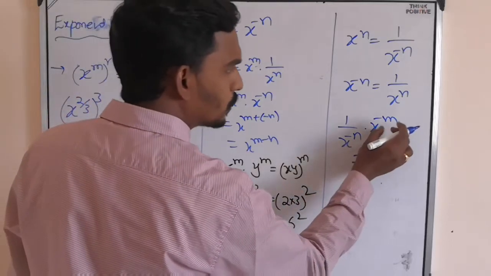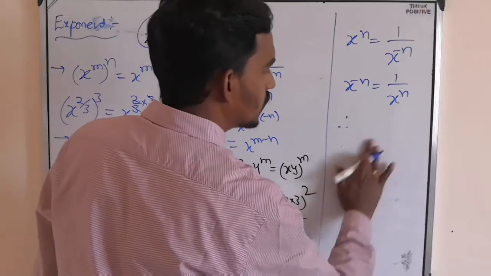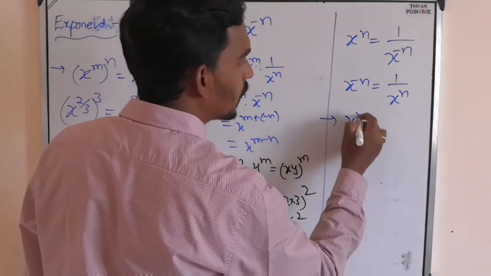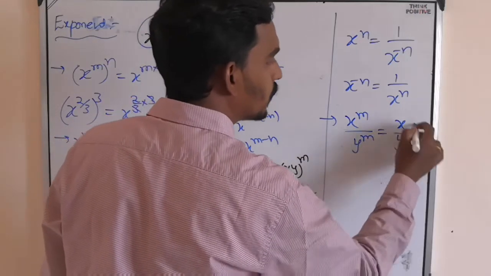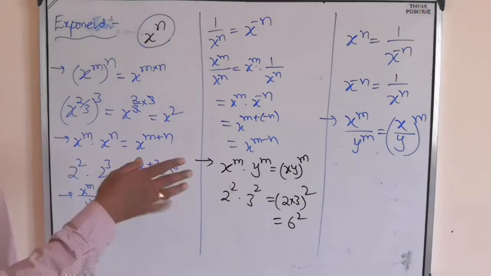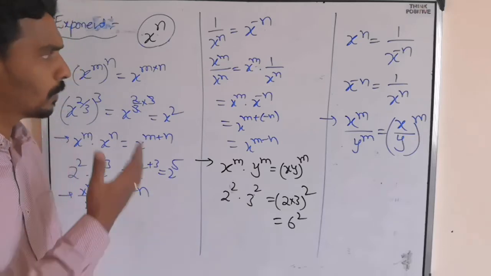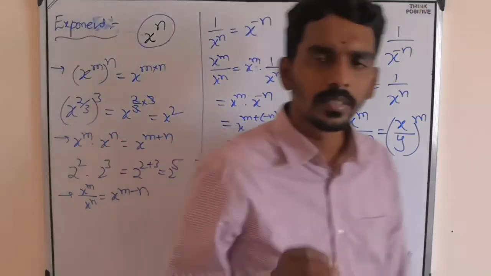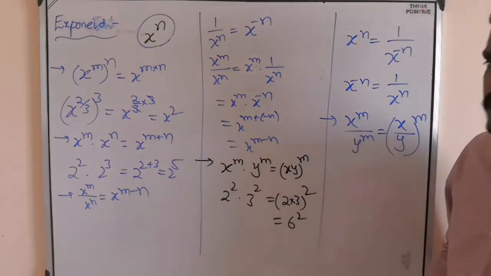And x power m and y power m equal to x by y whole power m. So in different situations we will utilize these different formulas. Please try to remember them without any confusion. So this is about exponents.